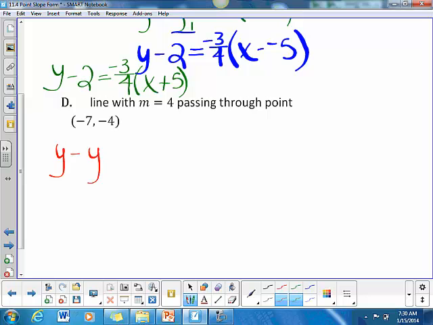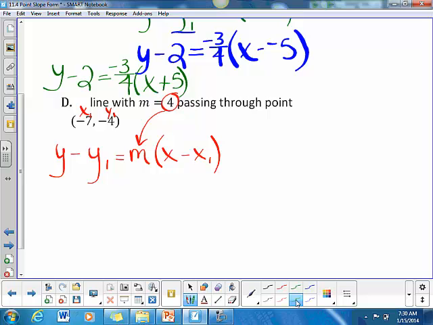So I have the model y minus y1 equals m times the quantity x minus x1. All right. So again, I'm going to circle my slope so you can see that. I know that that's going to go right here. And I'm going to label this ordered pair, x1 and y1.